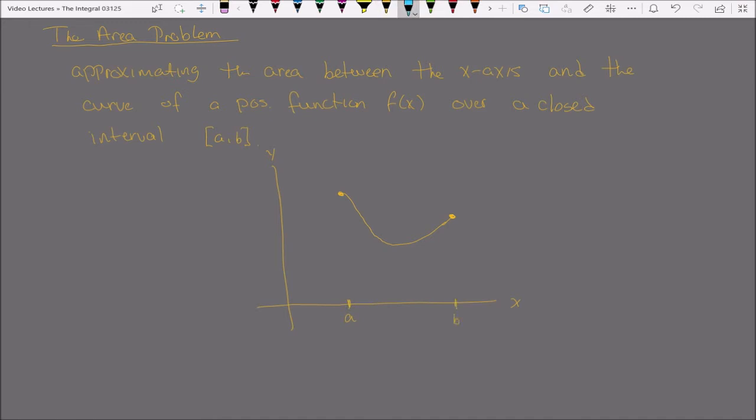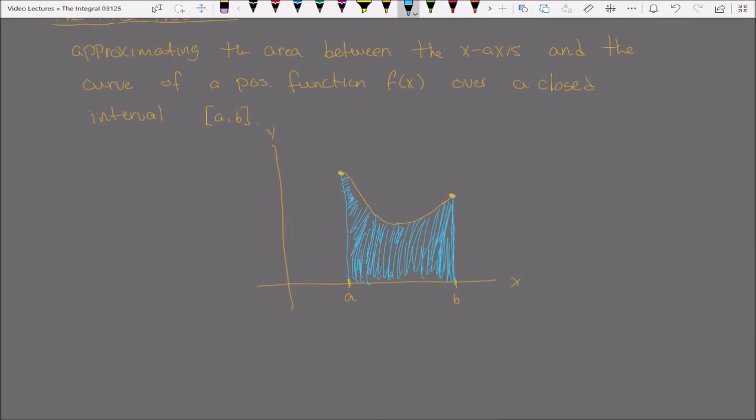Right, and then what we want to do is find the area of this shaded region, right? Now, this is not a region that was studied in geometry. So we don't have a nice geometric formula for this. So how do we go about tackling this?